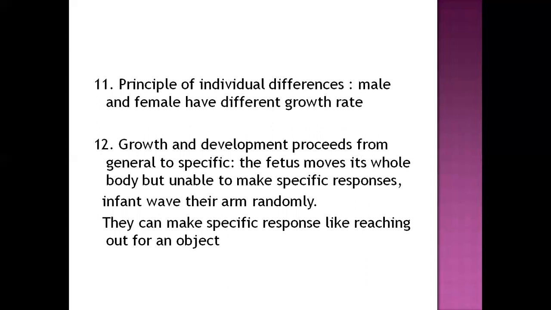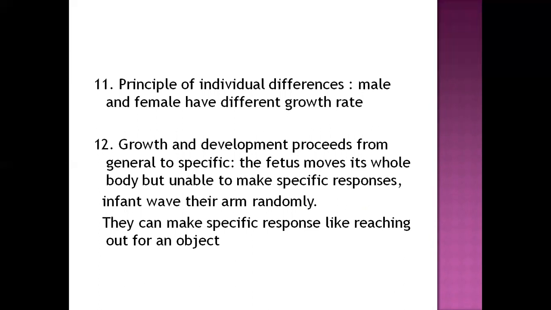Also, growth and development proceeds from general to specific. That means first of all, growth is general and then growth goes to specific. Example is, first of all, a 7 to 8 month old infant looks at an object, whatever he or she wants.